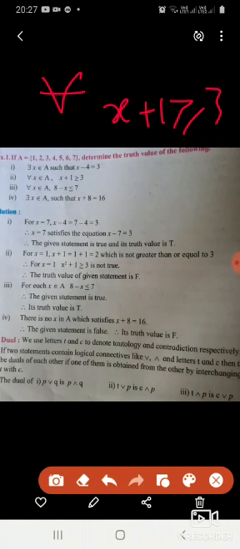See the third one: for all x belongs to A, 8 minus x is less than or equal to 7. The condition is for all.